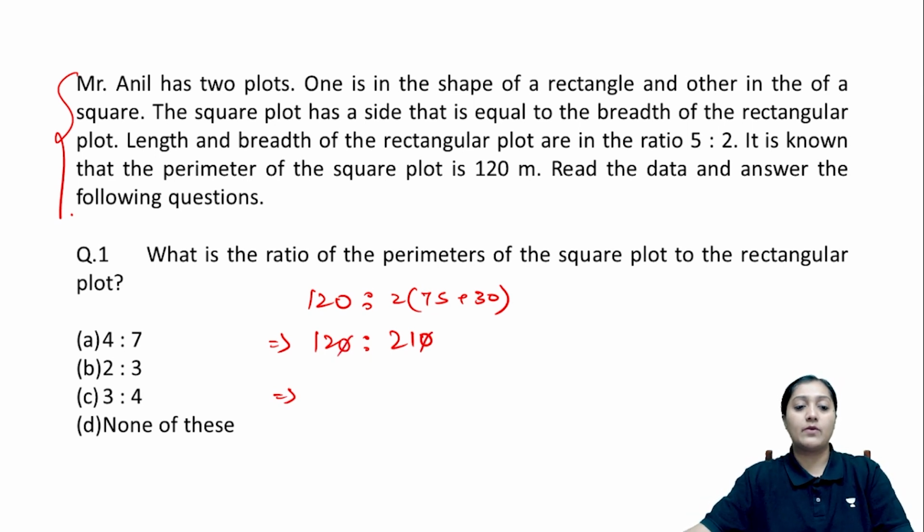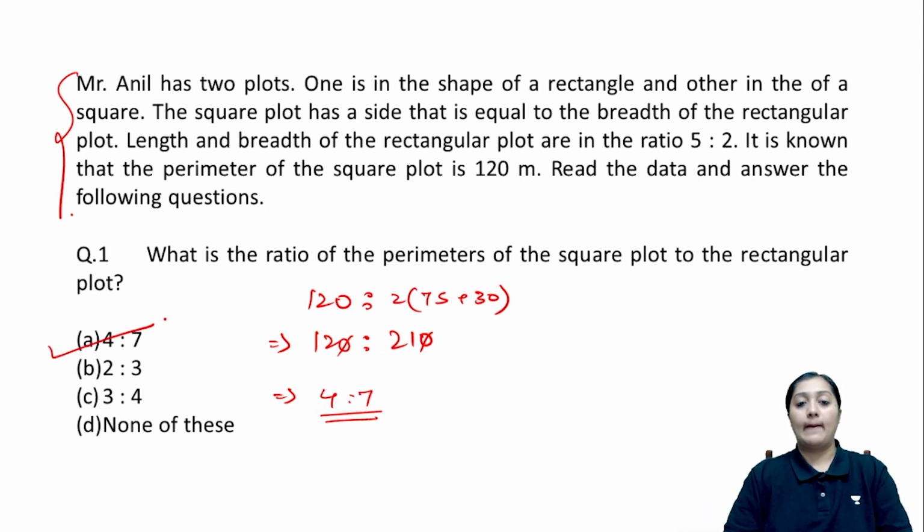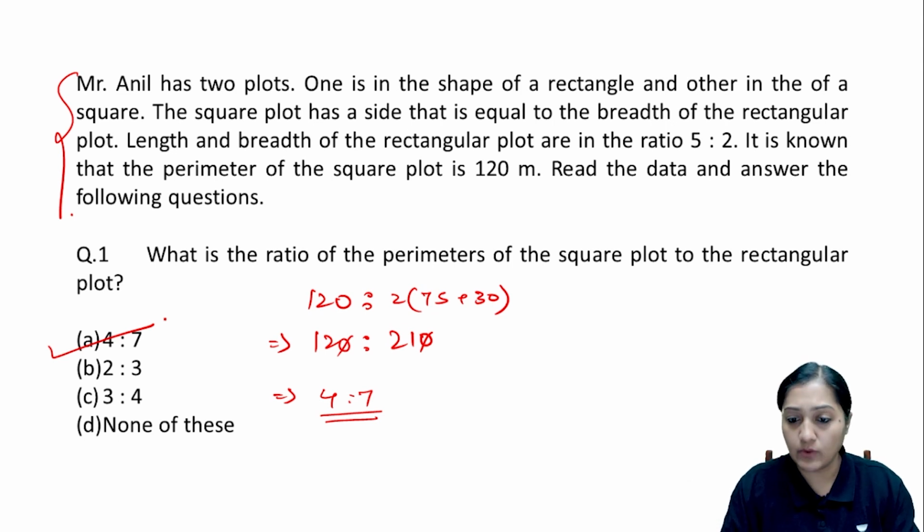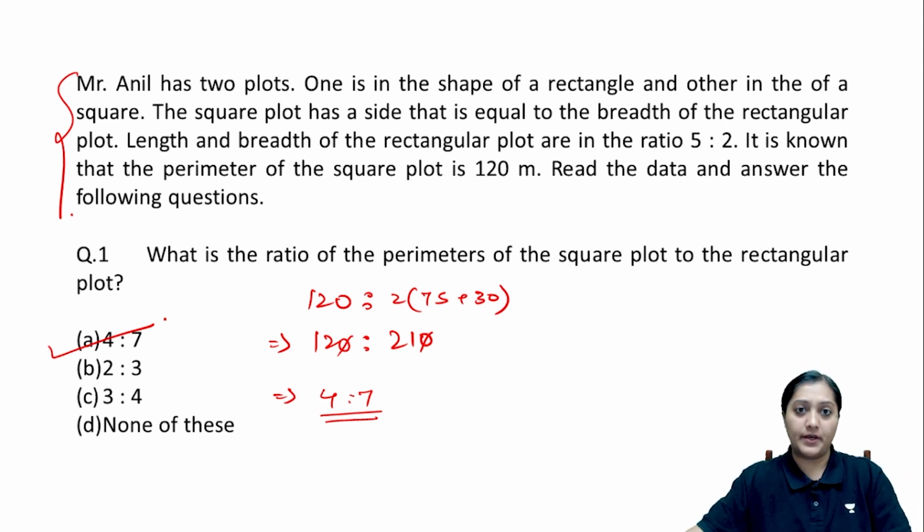That's it. And what will be my answer? I can divide it by 4. It goes 3 times, and no, I can divide it by 3, not by 4. It will go 4 here, and it will go 7 here. So 4:7 is my correct answer. Clear? That's it. That was all that was required here.